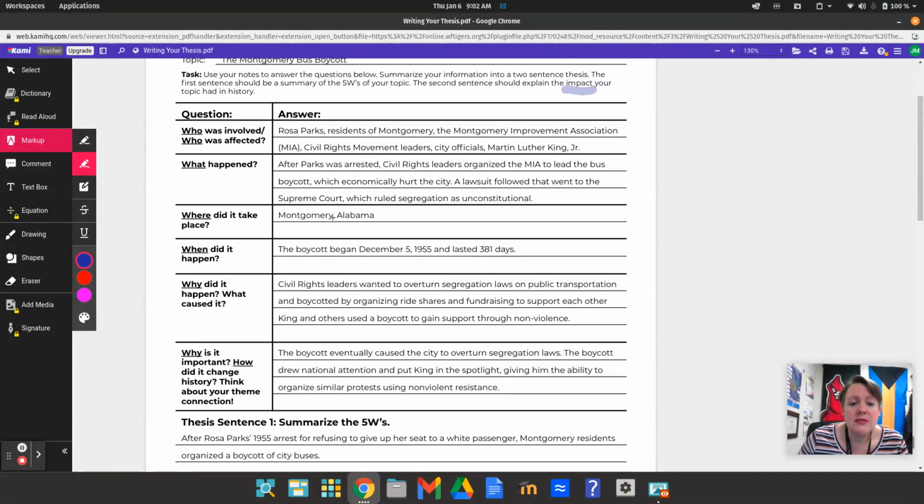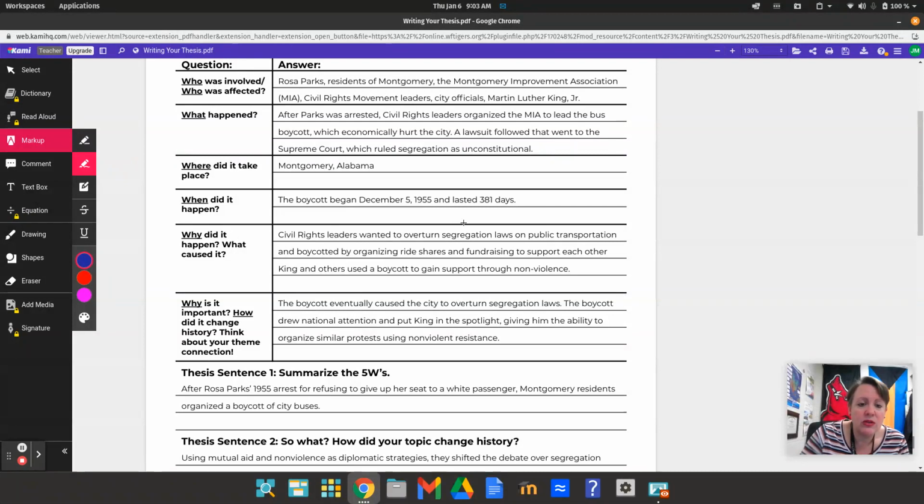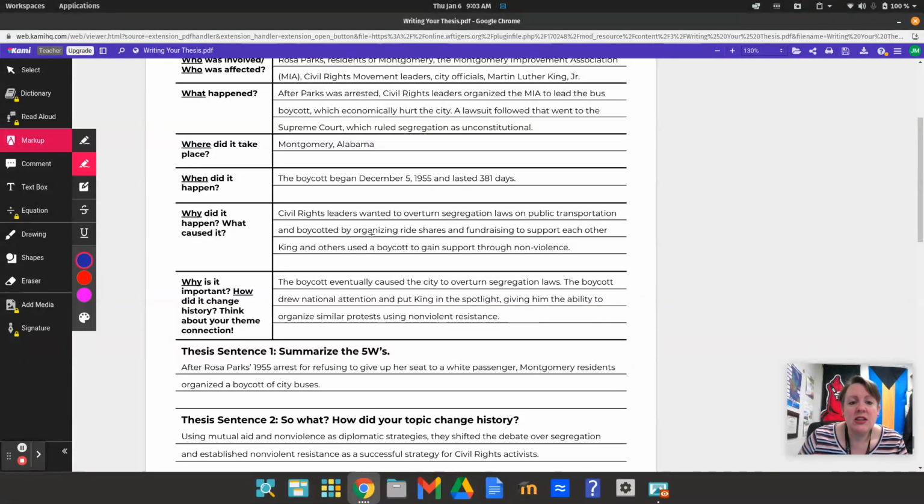Where did it take place? Montgomery, Alabama. Pretty easy. When did it happen? It started on this day and lasted 381 days, and that's specific to this particular event. Why did it happen? Here's where it gets maybe a little trickier. Civil rights leaders wanted to overturn segregation laws on public transportation. So it's just going to explain in one sentence why this particular event happened.